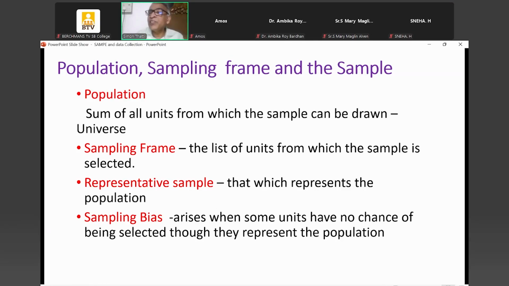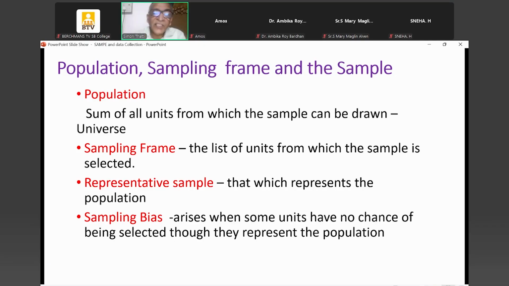So it's not representative. But I'm saying that this is a sample of employees in a particular company. But the sample that I have selected is a person who is terribly affected by a wage cut. And obviously, his response might not be representative. So I must make it representative. That means it must have the characteristics of the population. Or, in very simple terms, it must represent a cross section of the population.